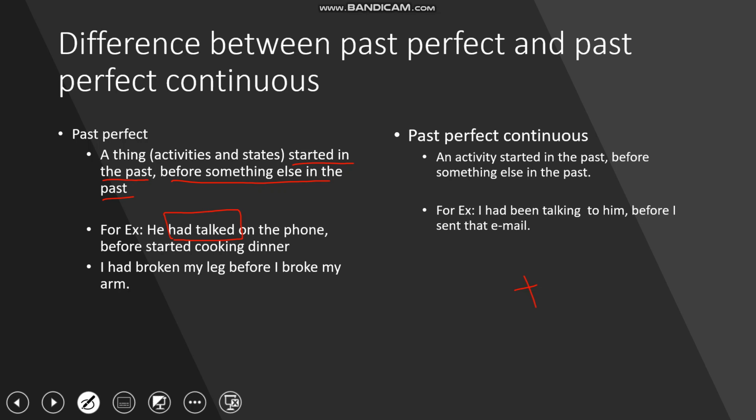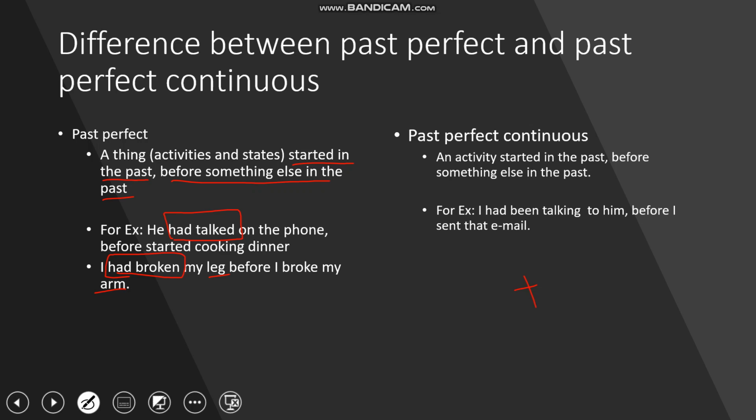He had talked on the phone, and then he started cooking dinner. This is the activity that was finished before what? Before he started cooking dinner. So this sentence is in past perfect tense. Similarly, I had broken my leg before I broke my arm. You notice that there are two actions, that is breaking of leg and breaking of arm. The leg was broken before he broke his arm, right?